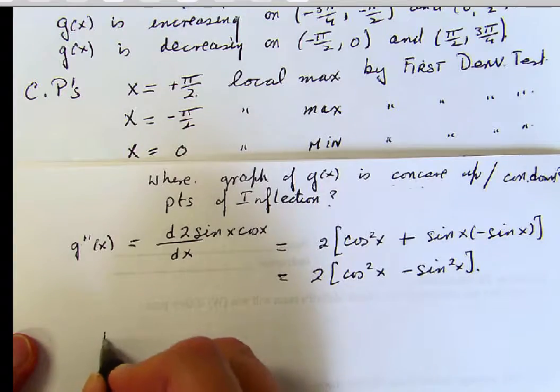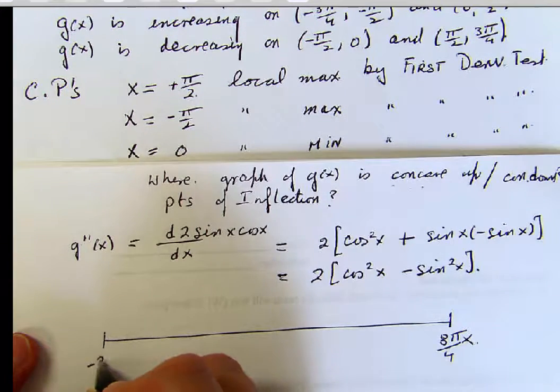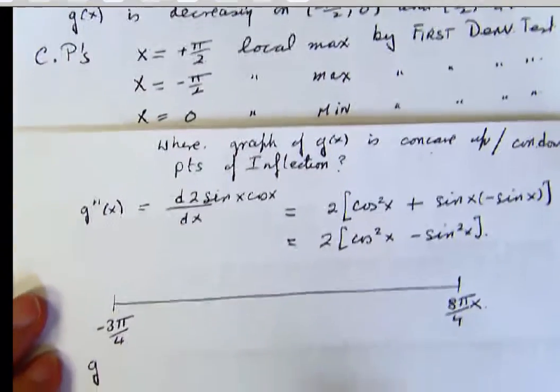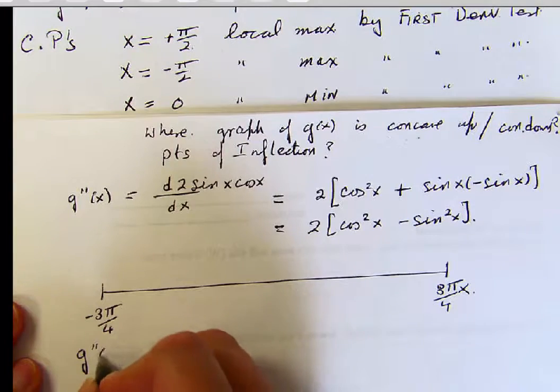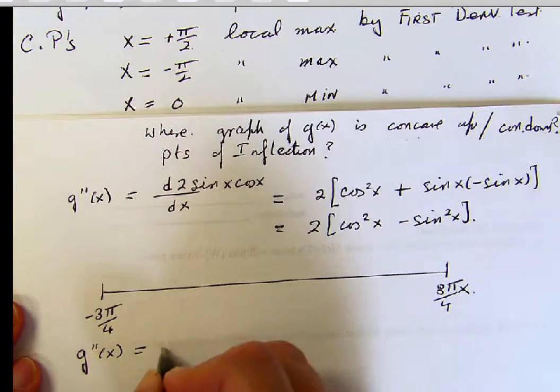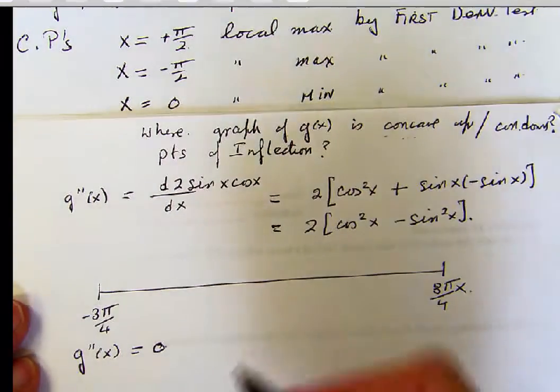We're interested in this function, whether it's positive or negative, between 3 pi over 4 and minus 3 pi over 4. The points where this function might change sign are given by, in this case, where g double prime of x equals 0, because it's defined everywhere, so there aren't any points where it doesn't exist.